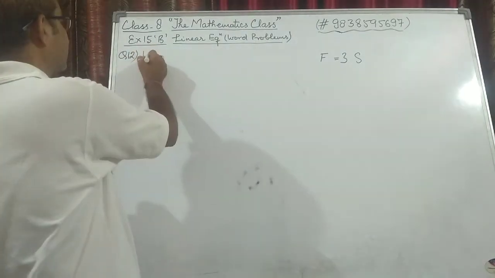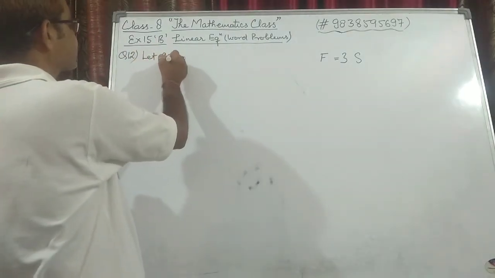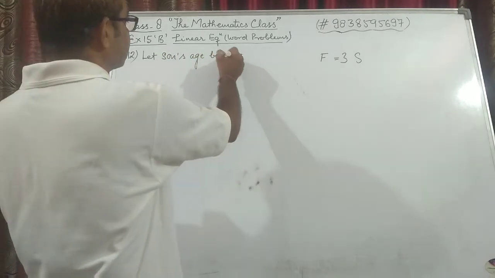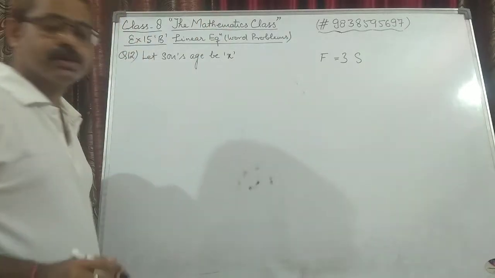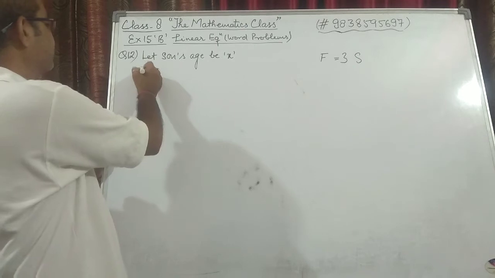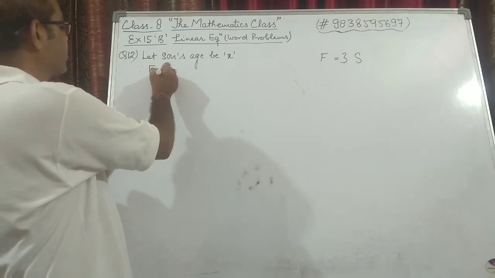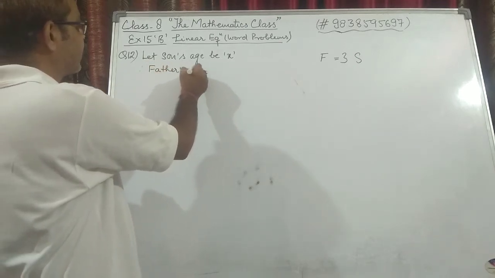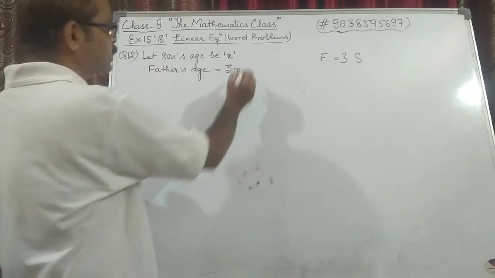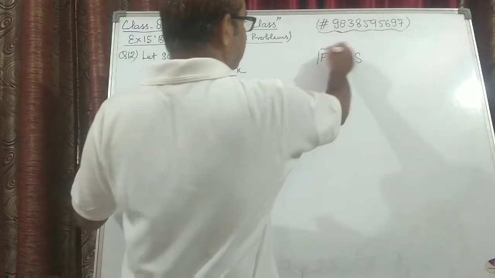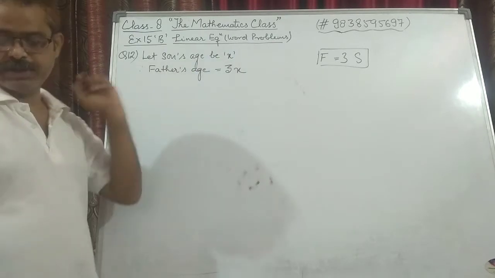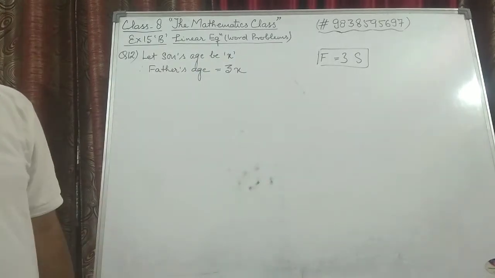So we will assume the son's present age is x. Therefore the father's present age will be 3 times the son's age, because it is given that the father's age is 3 times his son's age. So the son's age is x and the father's age is 3x.